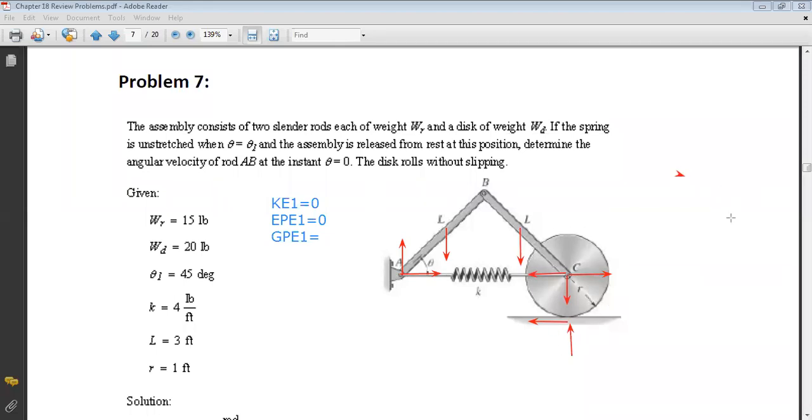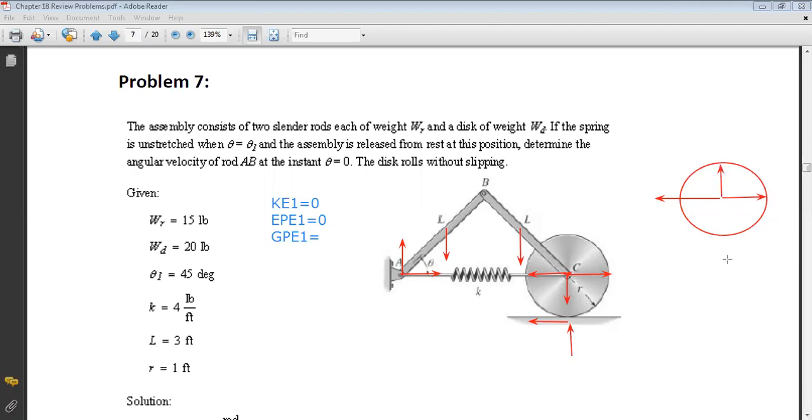If I take only the disk to know the direction of friction, what are the forces applied on the disk? I have the spring force passing by C, and I have the interaction between BC and C through pin C. This is a pin, so I have CX and CY.